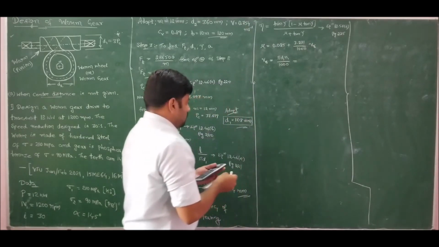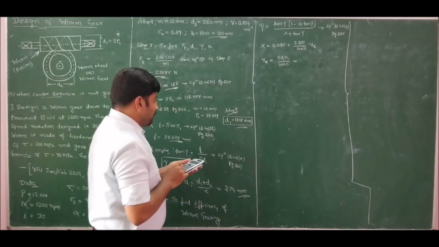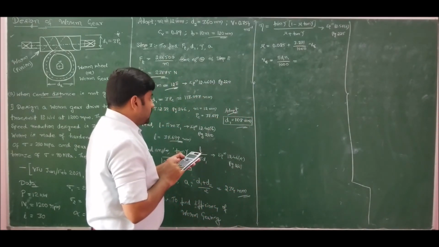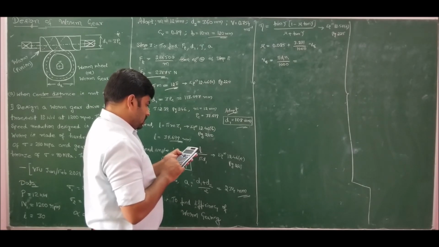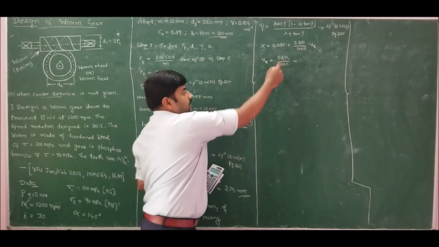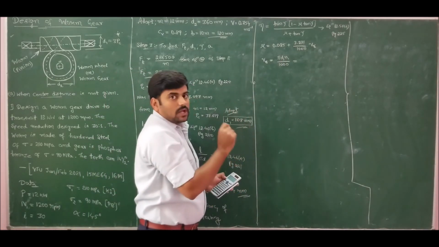So Vr turns out to be pi times d1, which is 108, times n1 in rps, that is 1200 by 60, into 1000. Make a note: here small n1 stands for rps.